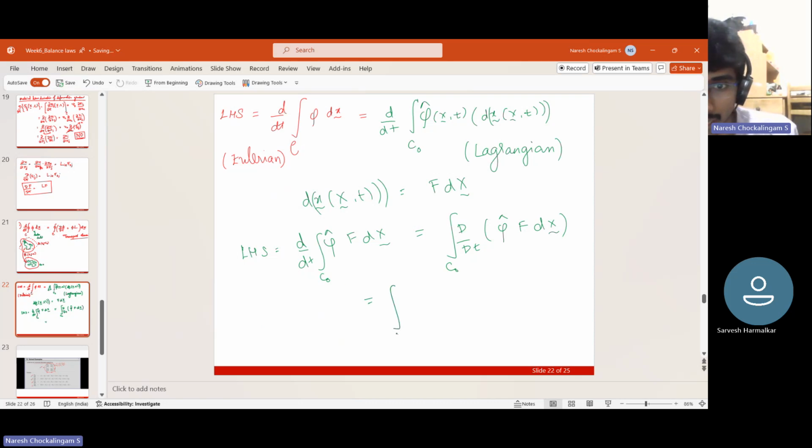So you get the integral over C naught of d phi cap by dt F plus phi cap dF by dt dX. This is a scalar, this is a tensor, this is a tensor, this is a scalar, this is a vector. So the resultant has to be a vector.